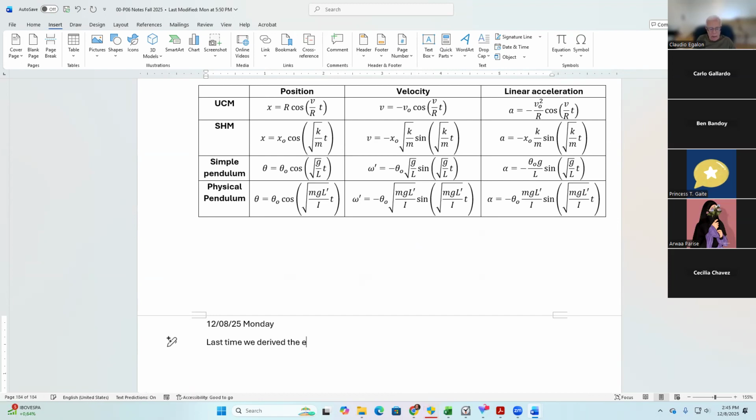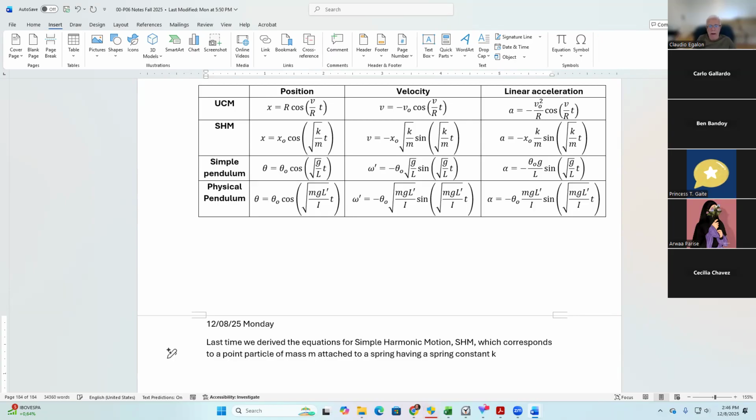Last time we derived the equations for simple harmonic motion, SHM, which corresponds to a point particle of mass m attached to a spring having a spring constant k.